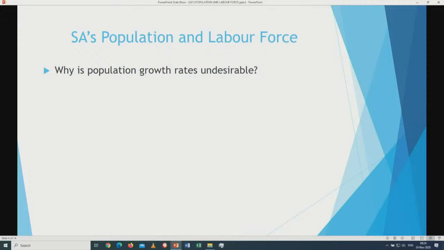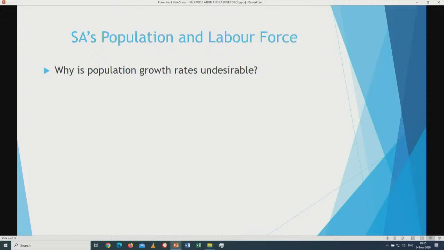I've already told you that our population is growing faster than our economy, and that signals a problem to the South African government, because we may not be able to have resources for everybody. Remember the government plans, but the minute the population outpaces the economic growth, then it means the resources of the country will not be sufficient for everybody who lives in the country.